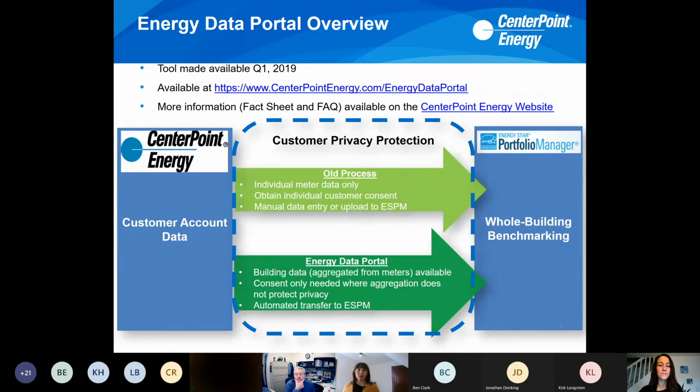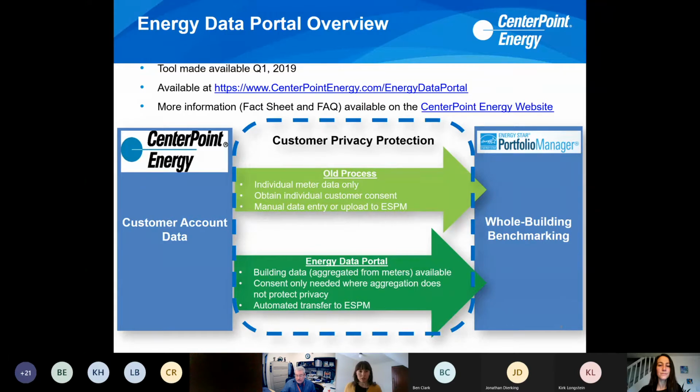What the tool does is take our old process that was cumbersome for customers and address several different barriers. Instead of getting individual meter data, we are now able to supply aggregated data at the building level.